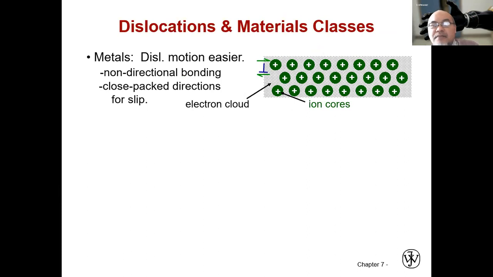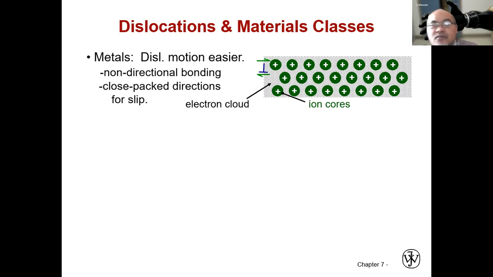So in metals, as we know, the metallic bonding is actually very weak because it is maintained by an electron cloud that can transfer from one atom to another atom. That's why dislocation motion is easier, since metals have non-directional bonding. The electron clouds are everywhere without any particular direction.